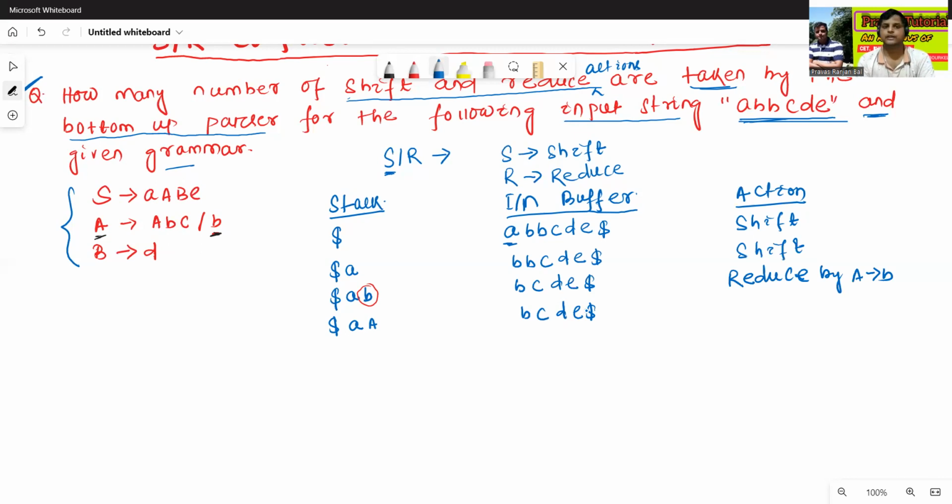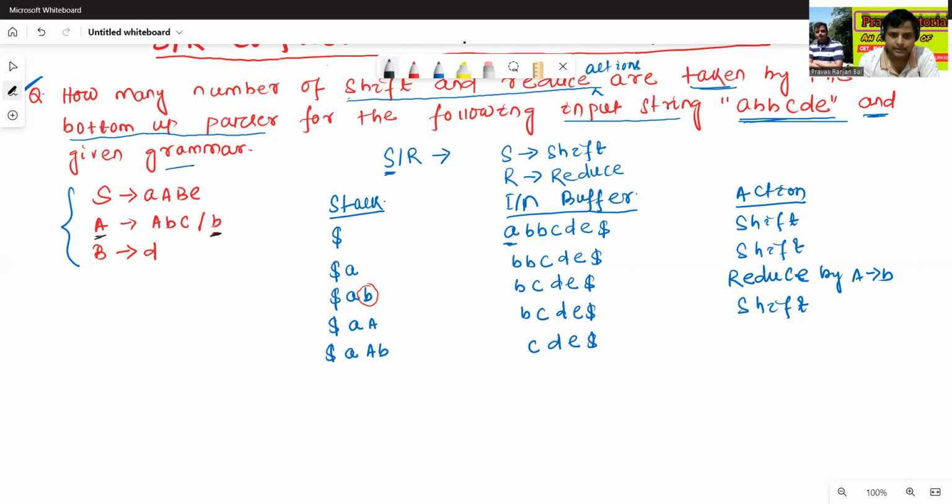So now we'll again shift. The stack is dollar A, B, and the input is C, D, E, dollar. Now we'll check, is any handle possible?